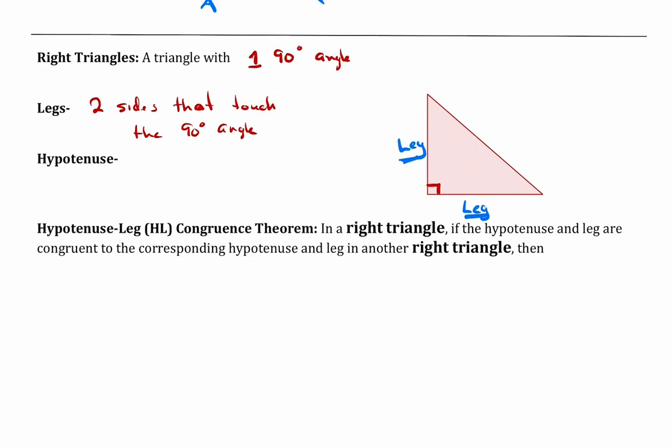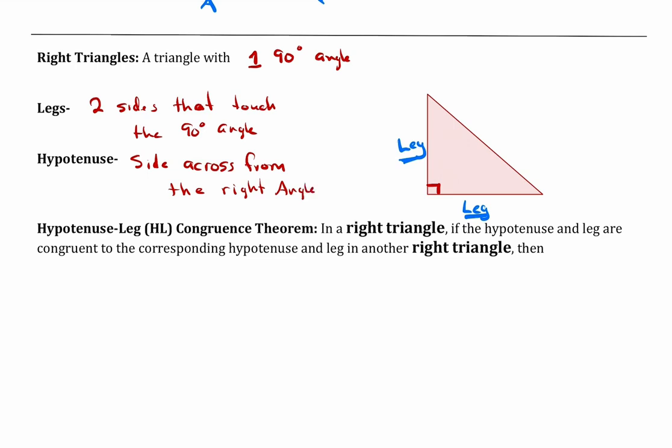So we have two legs, and then we have the hypotenuse. The hypotenuse is the side across from the right angle. It will always be across from the right angle. So if there's ever a question that's asking about the hypotenuse, you say, I don't know which one it is.